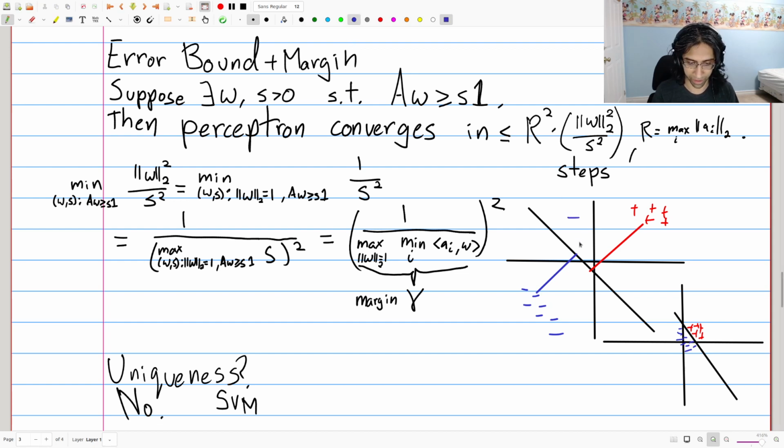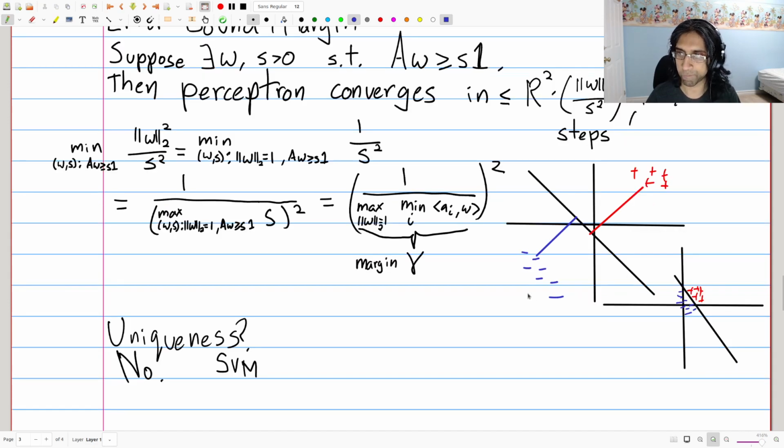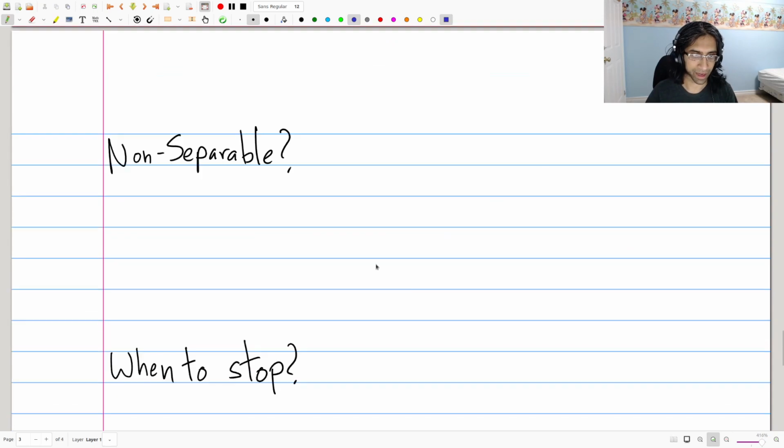Say you have a minus over here, okay, sorry, that's still linearly separable. Let's suppose you had a minus over here, then it would never halt. In fact, there are theorems that say the Perceptron algorithm would cycle. It's going to start repeating parameters again and again. So if you have a non-separable data set, we can say that Perceptron cycles.